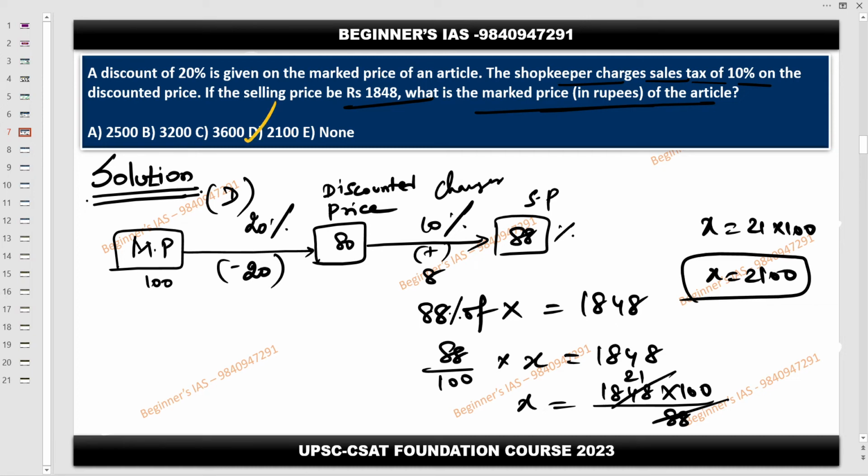Everyone understood this method? Yes, sir. Learn this method. Practice this method as much as possible. Okay. This method gives you results in an accurate manner. But what you need to do is practice this method a lot.